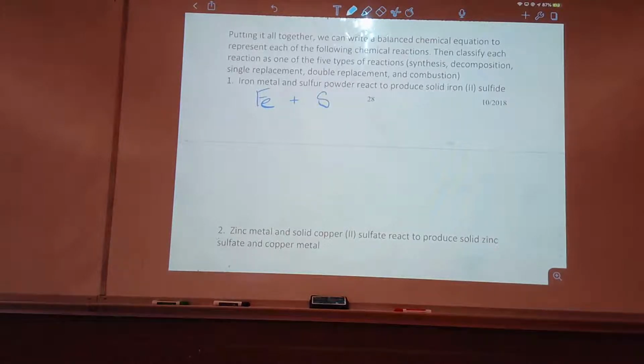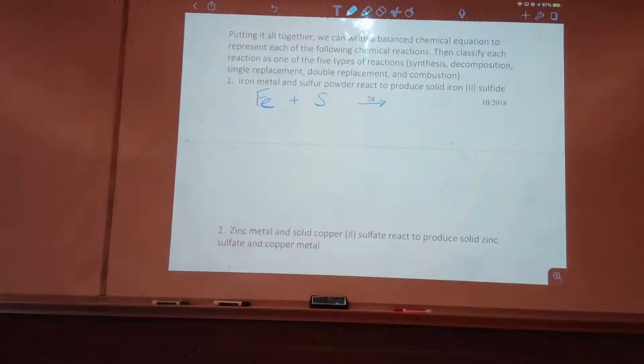It's describing an elemental sulfur, so it'd be right on the front of the table. We don't notice anything weird, like no ides or eights. So sulfur is S. Sulfur powder is just describing what it would look like, but it's just S. Nothing too exciting. And then it says they react to produce solid iron sulfide.